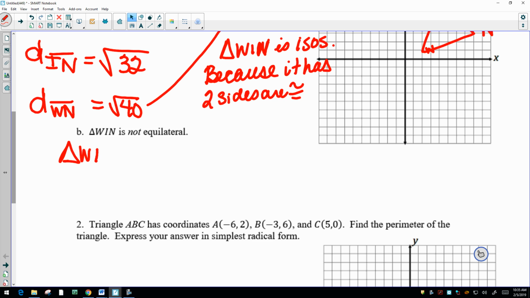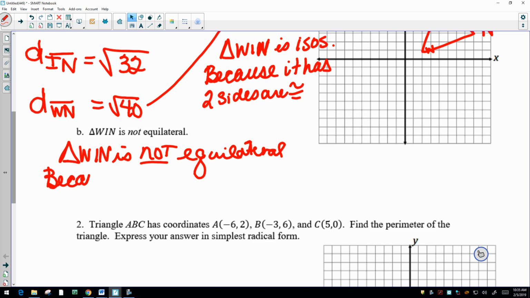Triangle WIN is not equilateral because all three sides are not equal. And you can show not equal, not congruent, by using the congruent sign with a slash through it. That's okay if you want to do that.